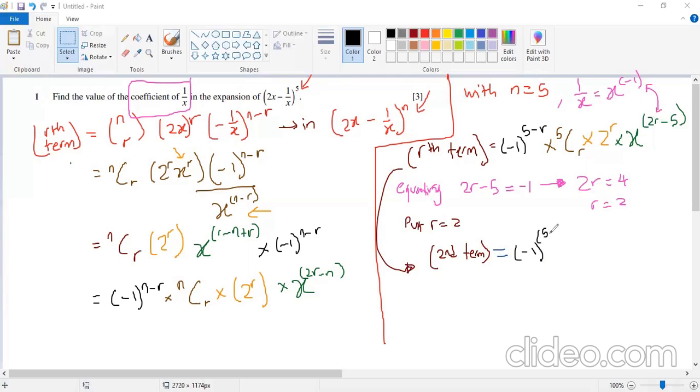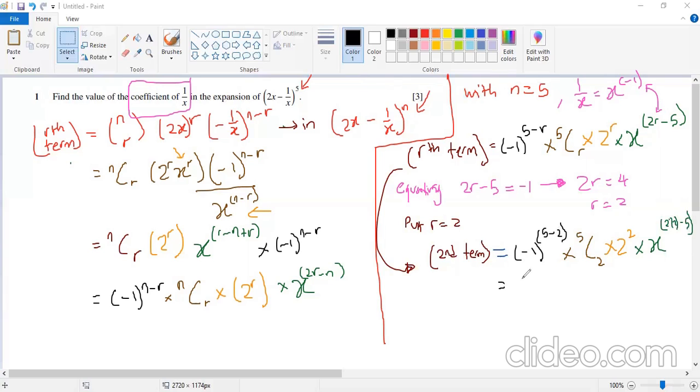I'm just giving a fuller scope of reasoning, so in case there's something else you need to do with this formula, you can understand how to do that. So negative 1 to the power of 3, times 5C2, times 2 squared, and then x to the power of 2 times 2 minus 5.